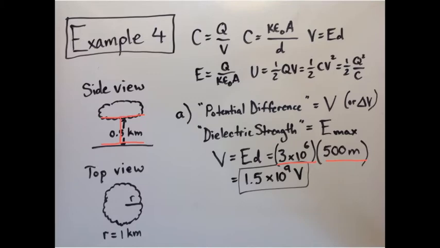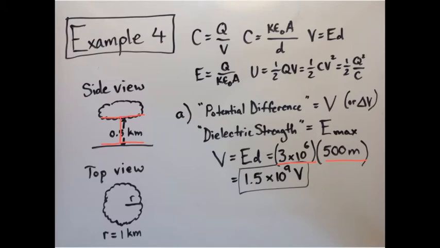Now, 500 meters is 0.5 kilometers. If you're thinking, why didn't I just plug in 0.5? It's because you have to be careful about units. 0.5 is not okay, that's in kilometers. It's got to be in meters before you plug it in.